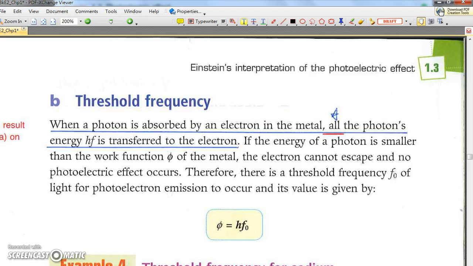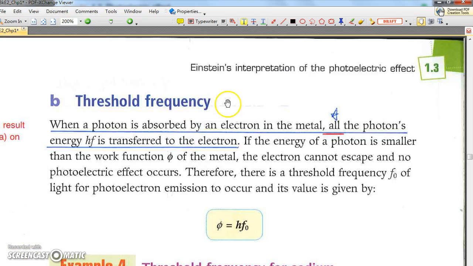So there needs to be a critical wavelength corresponding to a critical frequency. This frequency is called the threshold frequency. When the frequency of light is higher than the threshold frequency, then there can be the photoelectric effect. So what does that threshold frequency refer to?